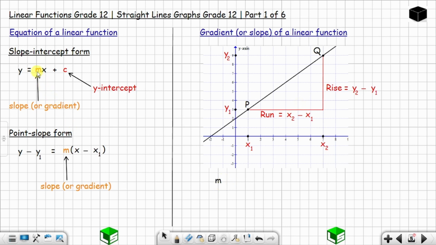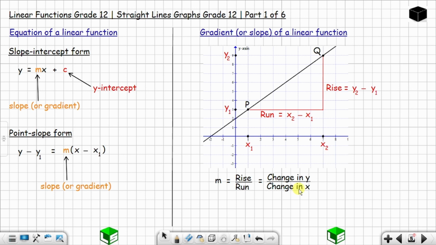So the gradient is equal to the change in the y, which is the rise, over the change in the x, which is the run. This is the formula.